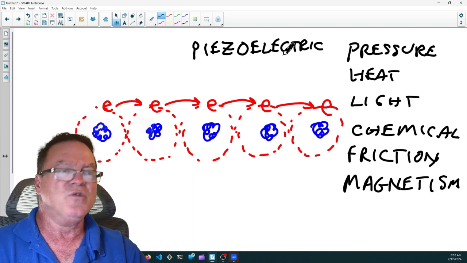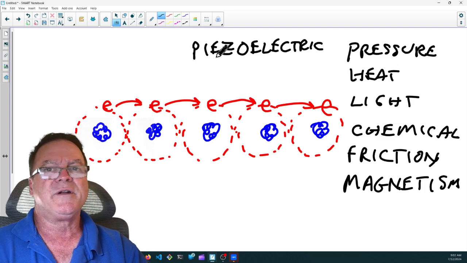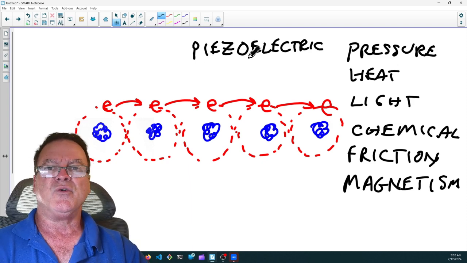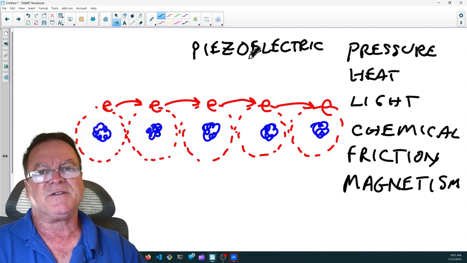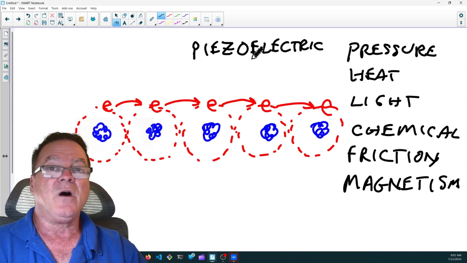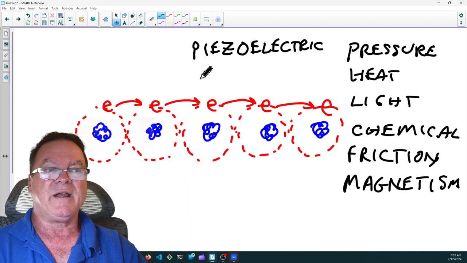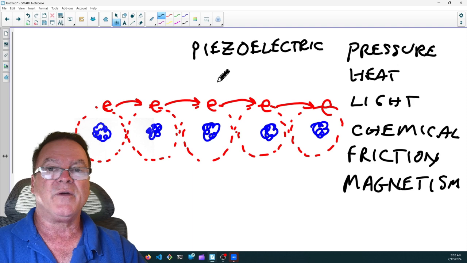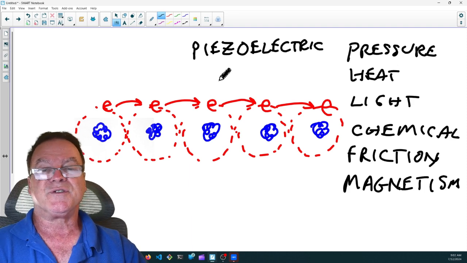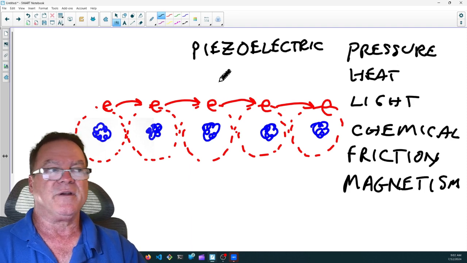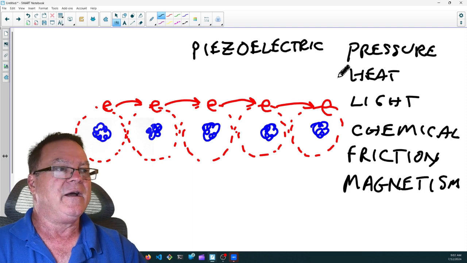And as the stylus moved in the groove of the record, the stylus would push on that tiny little piece of piezoelectric crystal, and it would cause electrons to flow. And then you use amplifiers to increase the amount of electricity until you have enough electricity to push the speaker, and the speaker gives you a sound.